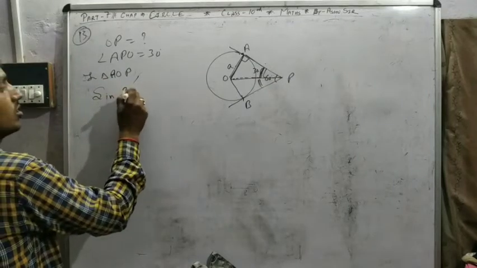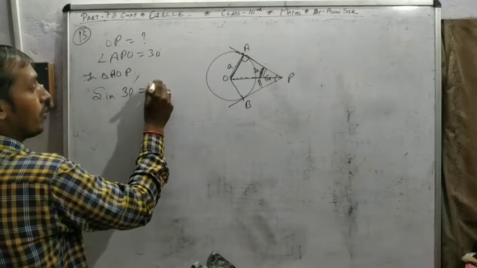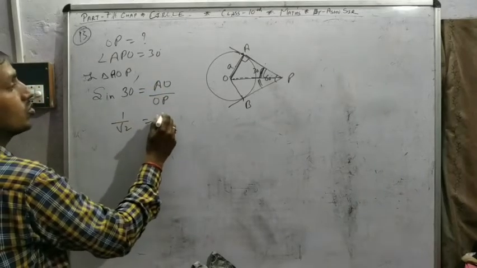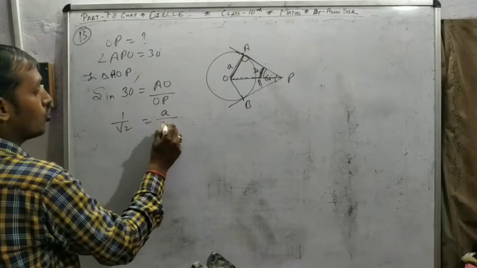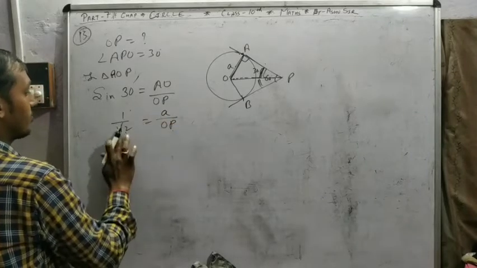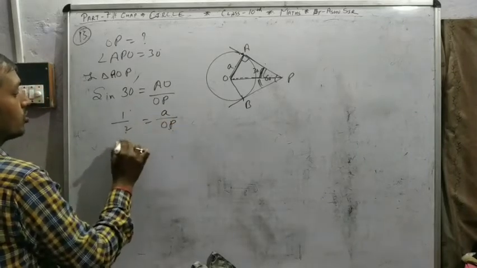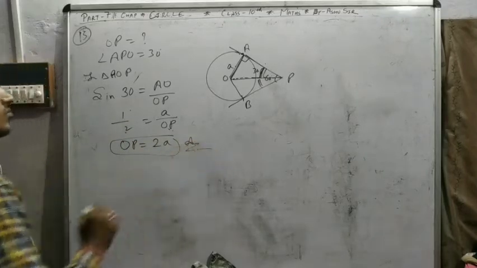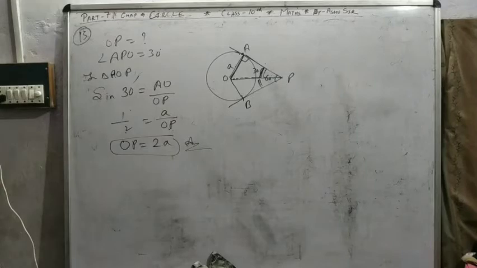In sine 30, perpendicular upon hypotenuse, 1/2 is equal to AO by OP. So cross multiply, OP is equal to 2A, twice the radius. Okay, pause and note it down.